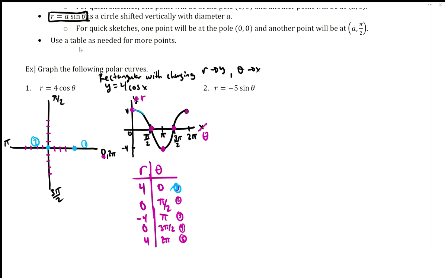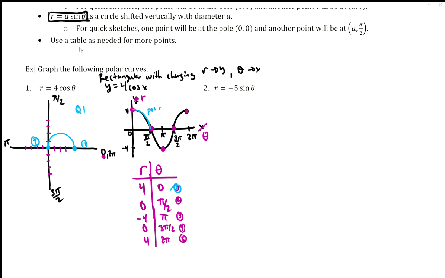Notice I would have all of these angles in quadrant 1 with positive r. Here is quadrant 1 in our 0 to pi halves, and positive r means all of those points would be plotted somewhere in quadrant 1. So connecting these 2 points, I would need to do it with an arch through quadrant 1. Okay, something like that.